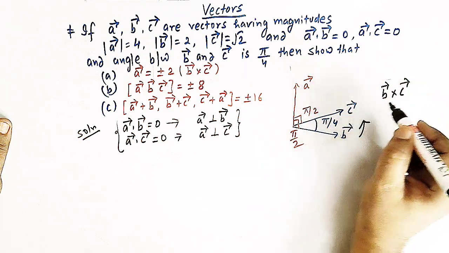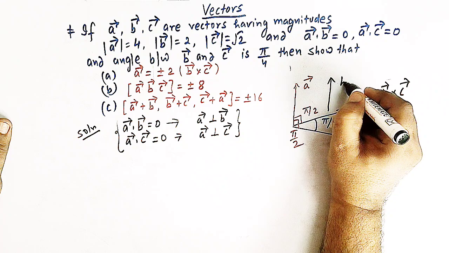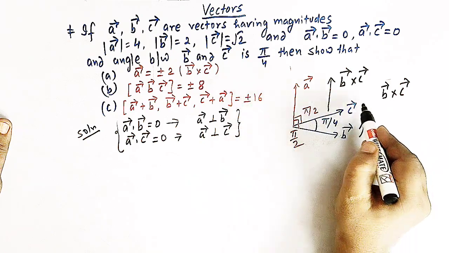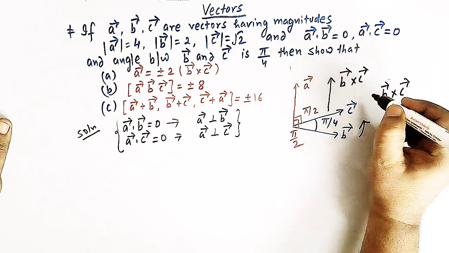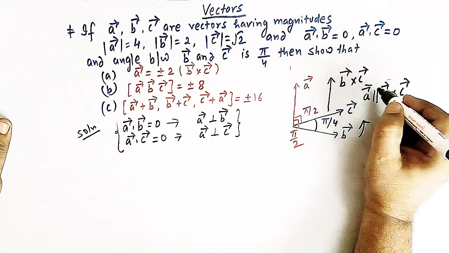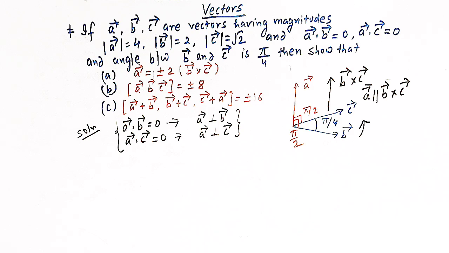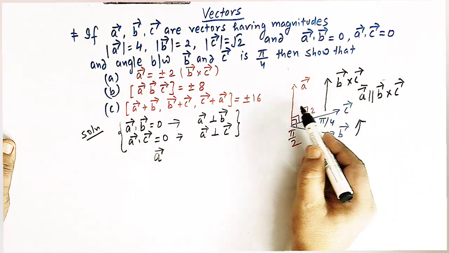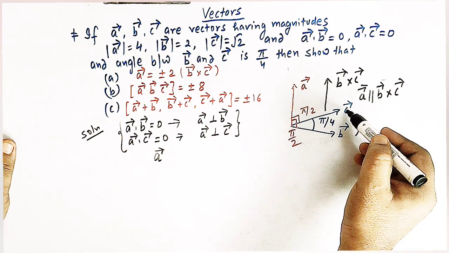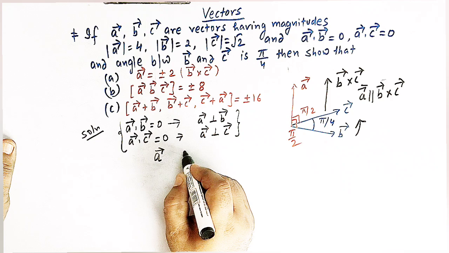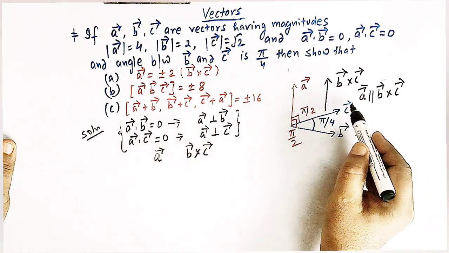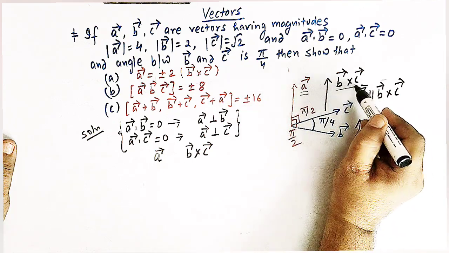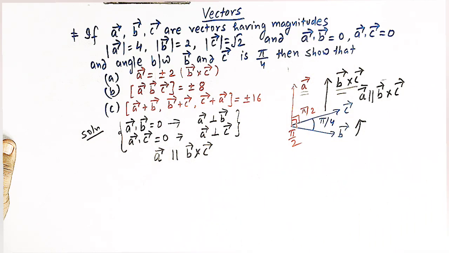So it means the vector B cross C is perpendicular to the plane containing vector B and C. Now vector A is perpendicular to the plane containing vector B and vector C. So it implies that vector A must be parallel to the cross product of vector B and vector C. So now we have established that the vector A is perpendicular to the plane containing vector B and vector C, and this vector, that is B cross C, is also perpendicular to the plane containing vector B and vector C. Hence these two vectors, that is vector A and vector B cross C, must be parallel to each other, right?